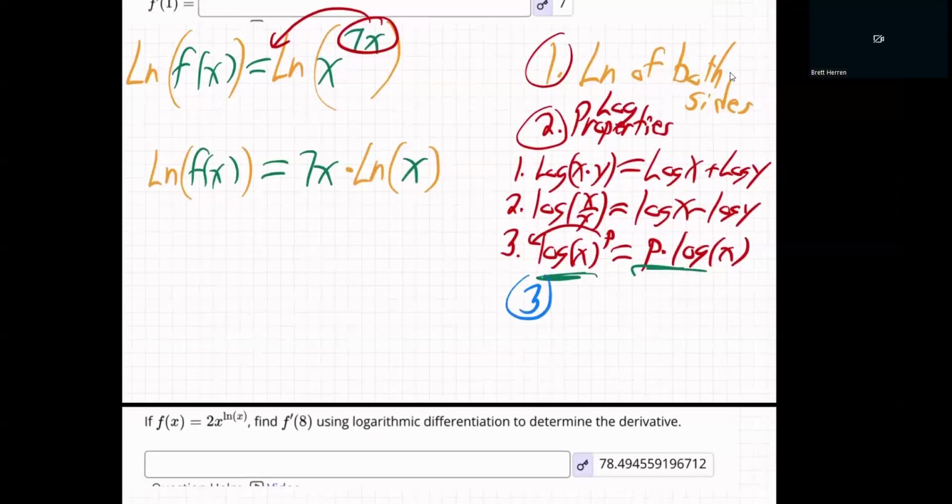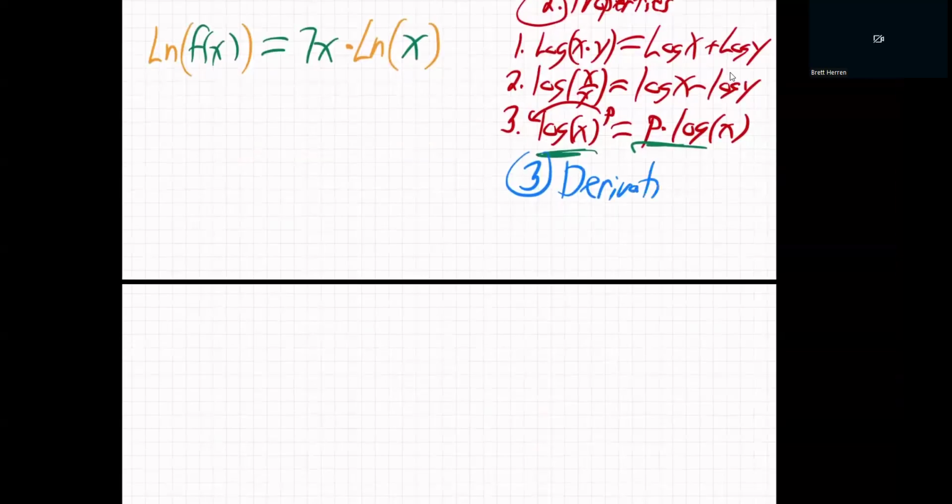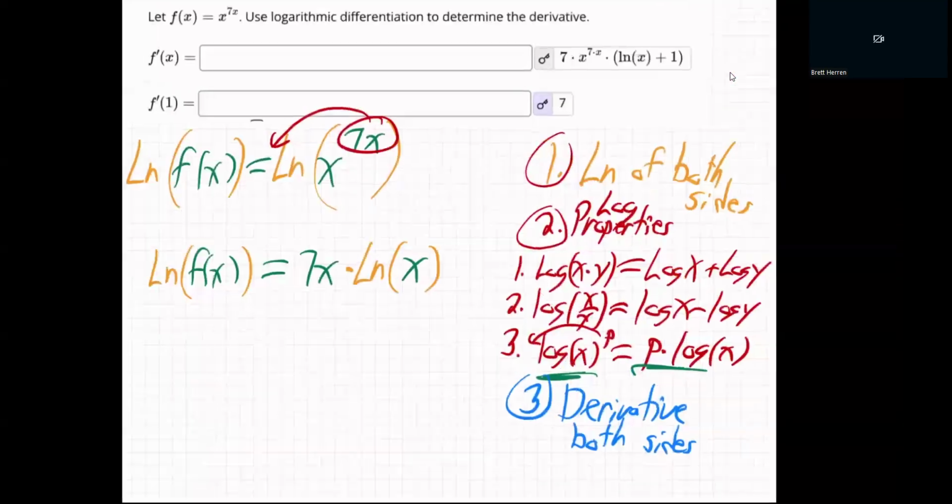Step three is you take the derivative of both sides.